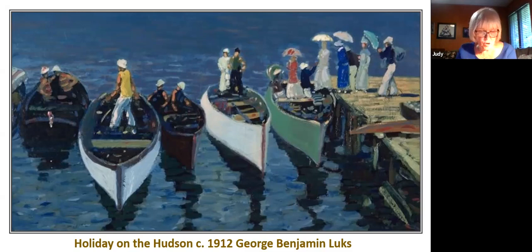By the way, John Sloan and George Bellows were also reporters for newspapers. And they came in touch with the reality around them, the urban reality of the gritty, dirty environment that they saw around them. And they believed in the worthiness of the immigrant and working class life as artistic subject matter.